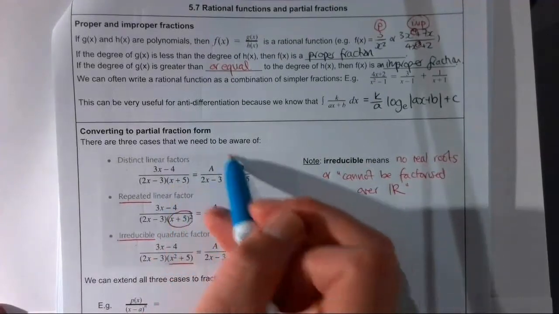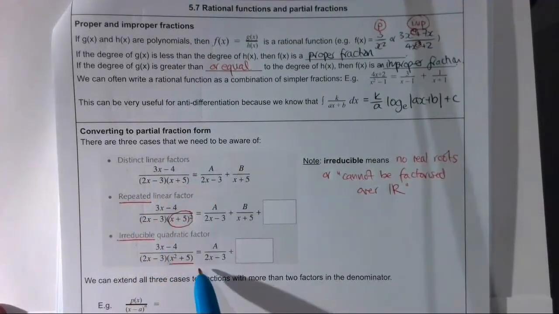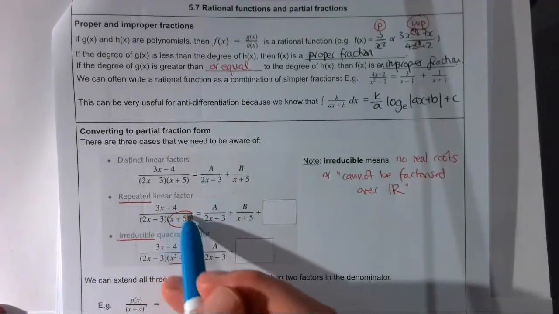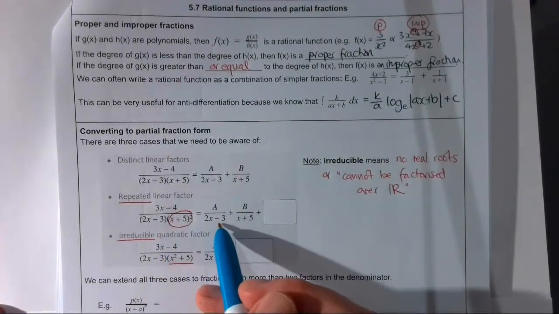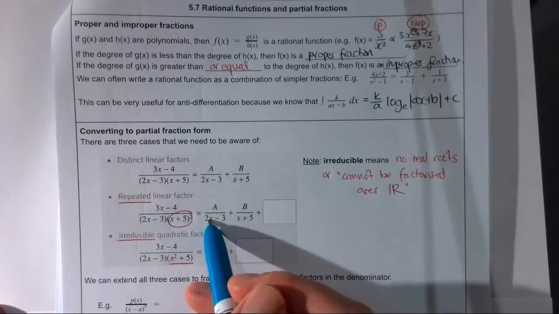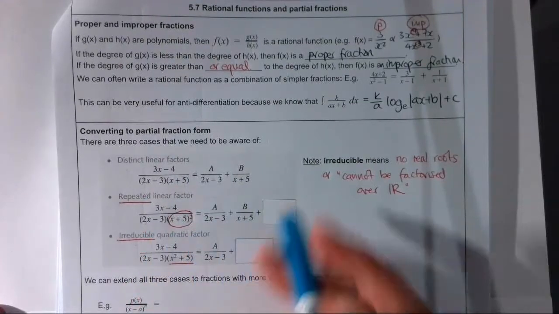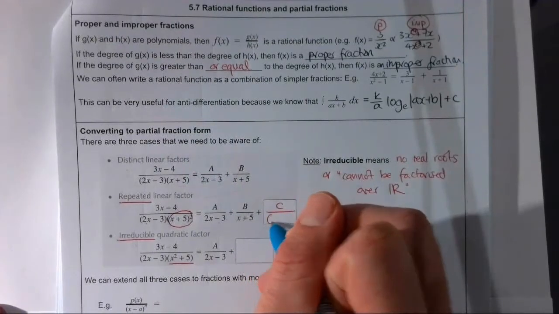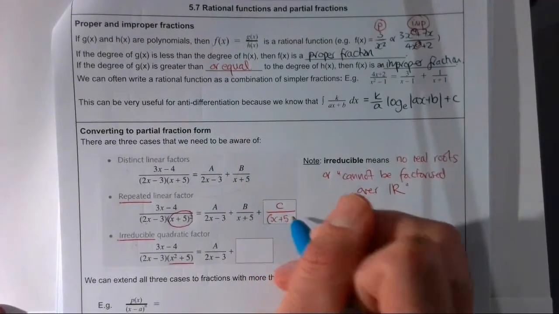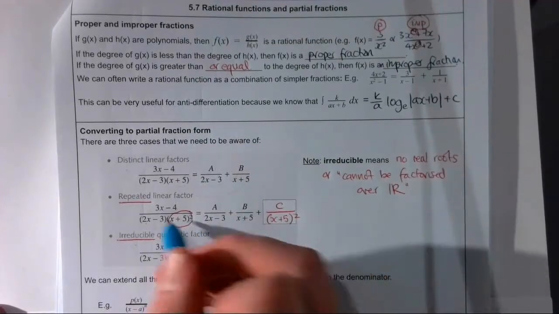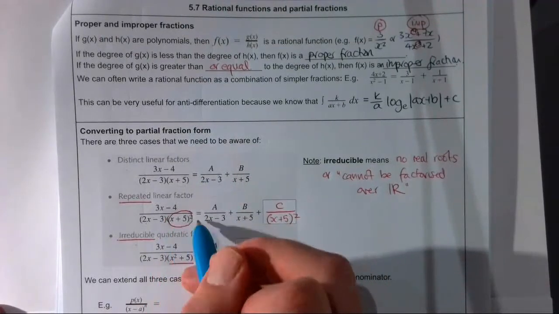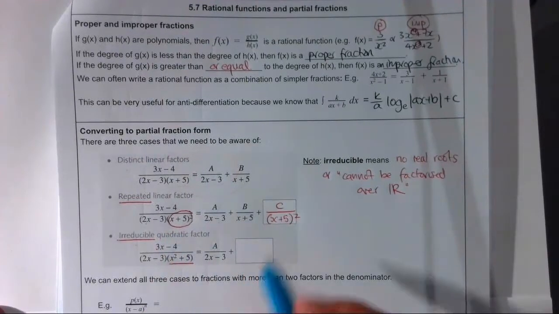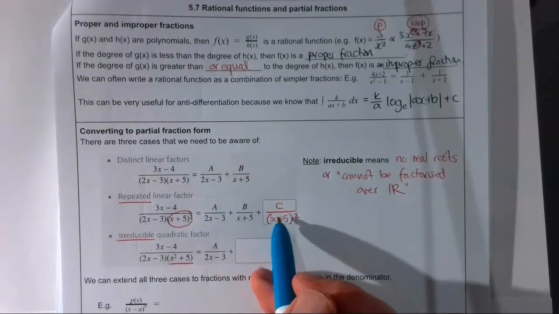So first case is going to be almost straightforward. In the second case, we'll come on to it, but where we've got a repeated linear factor, you start with your A and your B as you normally would with the two factors, but then you're also going to need a third fraction C, which is over the repeated linear factor. So in this case, x plus 5 squared. And we'll see when we do an example exactly why that's true.